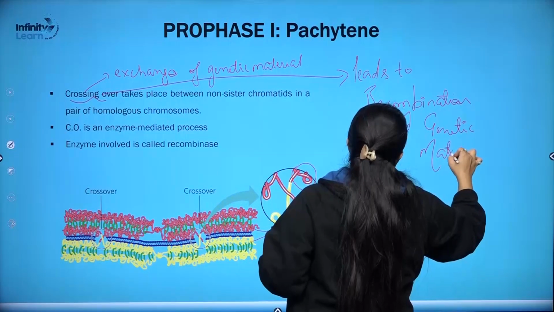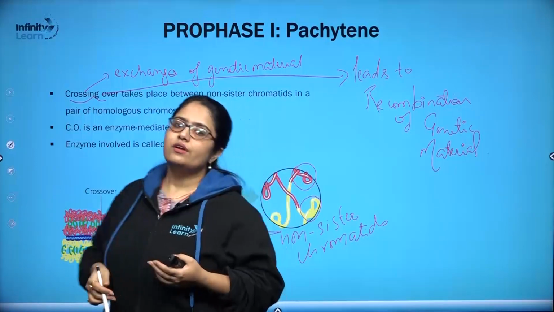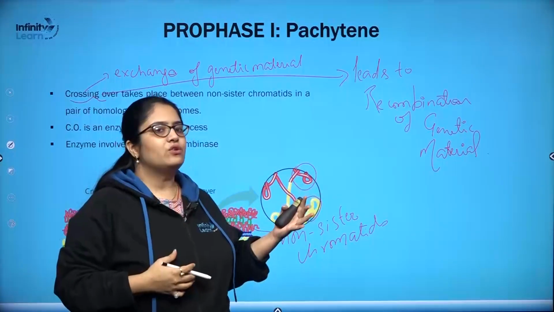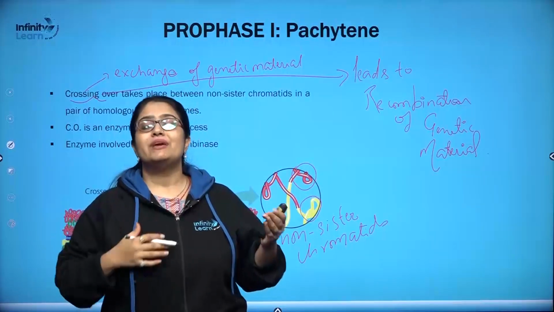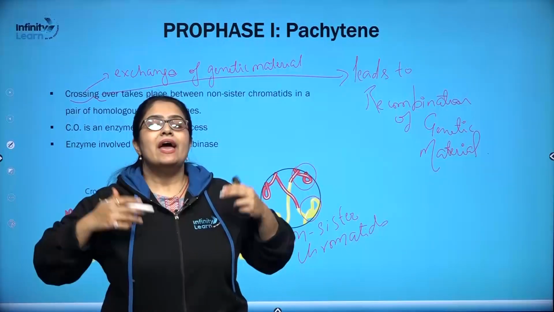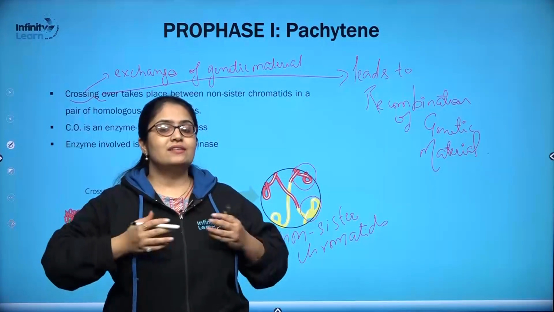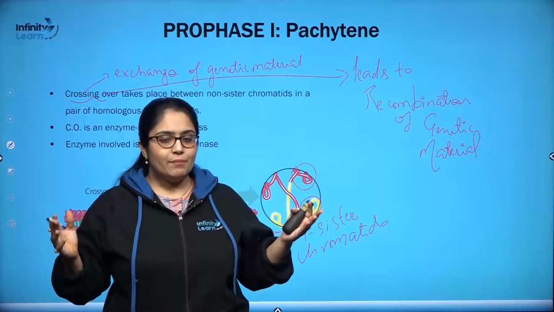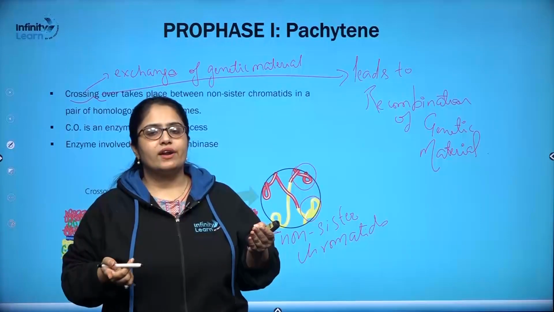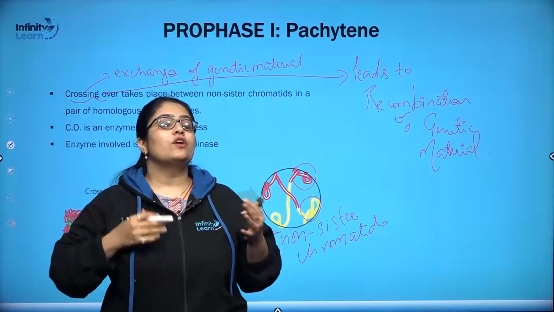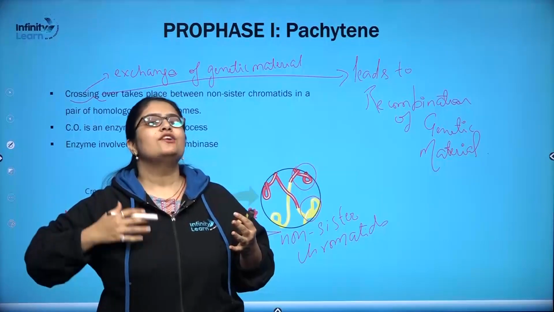Due to crossing over, the genetic material will recombine. So the cells that form, the daughter cells, will not be exact replicas of the parent cell. And when such a cell participates in formation of a new organism, when such a cell acts as a gamete, when they fuse to form a zygote, and that zygote develops into a new organism, such an organism will not be identical, or a replica of the parent organism.